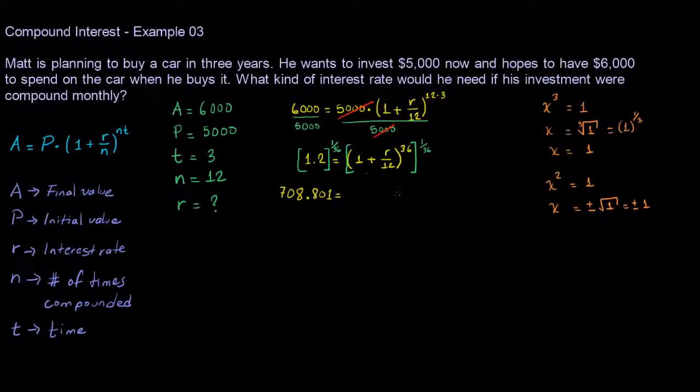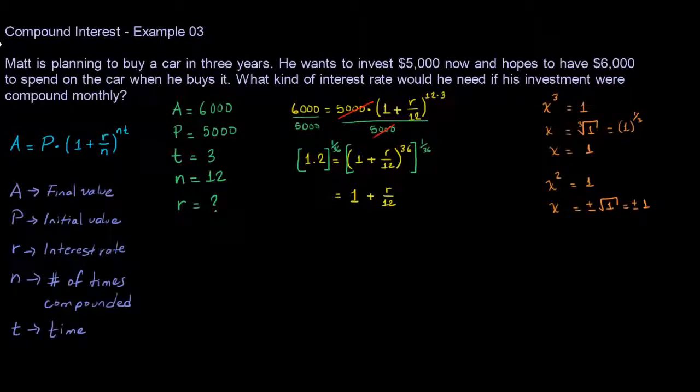I think that's nice enough. And now here on the left, we'll get rid of this 36, so it will be 1 plus R. Oh, sorry. This 708, that's totally wrong. I'm sorry. This is not cool. I'm sorry.